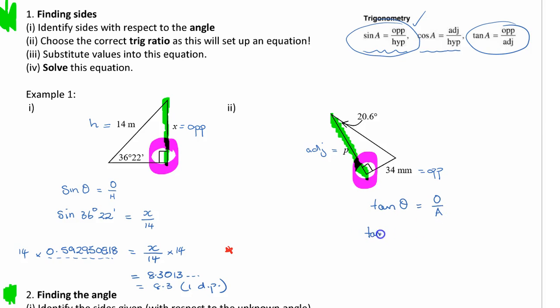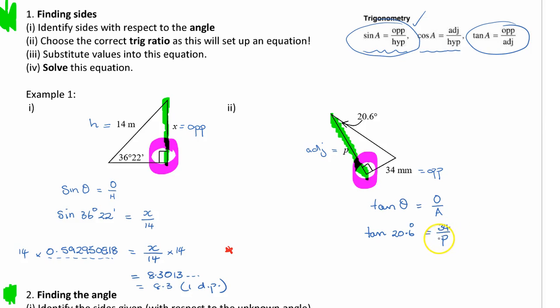In this case, the angle is 20.6 degrees, so we won't be using degrees, minutes and seconds. You'll see me use the calculator in a moment, a slight variation to the way we put our angle in. The opposite side this time is 34 and the adjacent side is P. Now, this is a little bit different. The p is in the denominator.